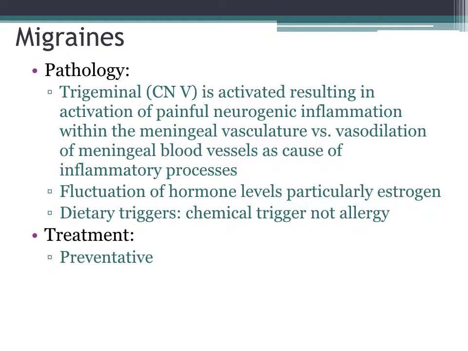They do know that the trigeminal cranial nerve 5 is activated during a migraine, and it results in activation of painful neurogenic inflammation within the meningeal vasculature, versus whether or not there's vasodilation of the meningeal blood vessels as the cause of the inflammatory process. Either way, you end up with inflammation of the meningeal vascularization.